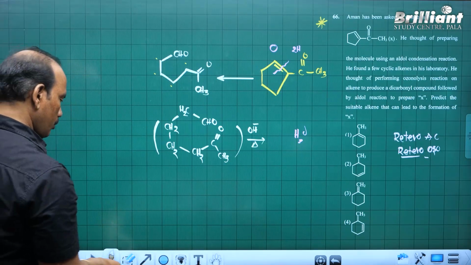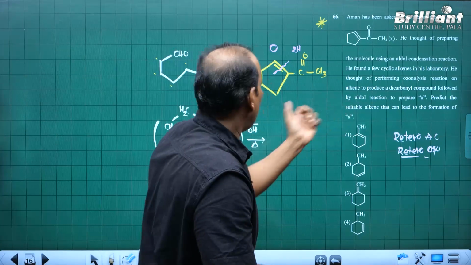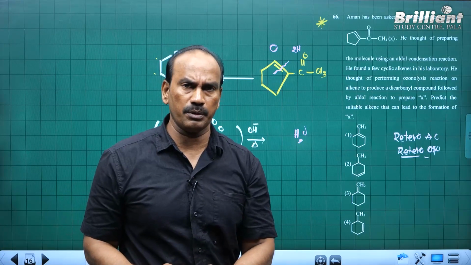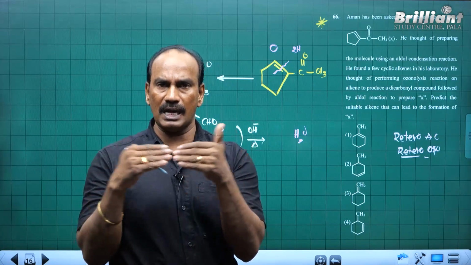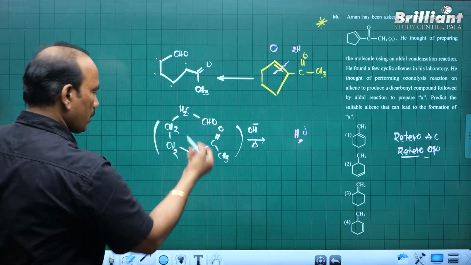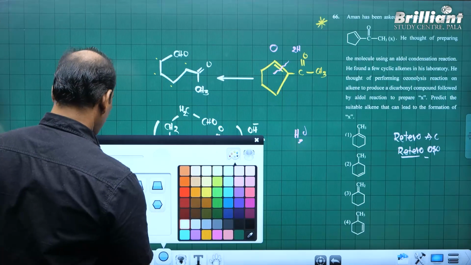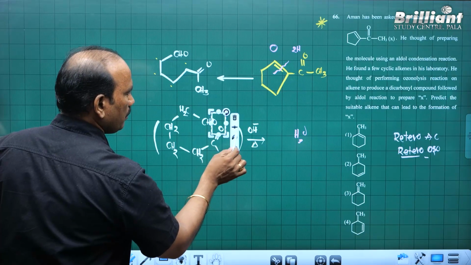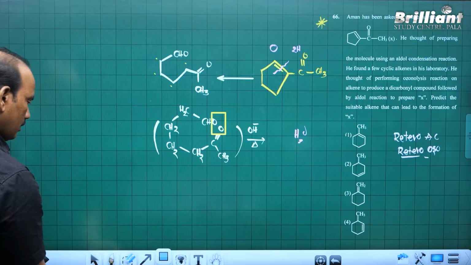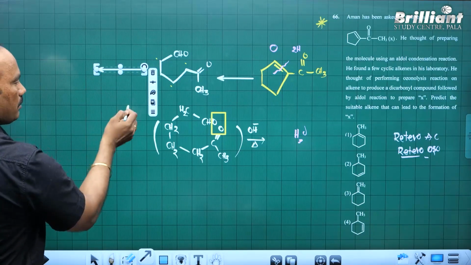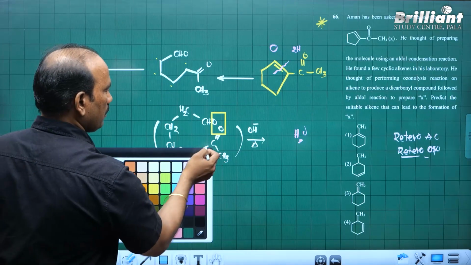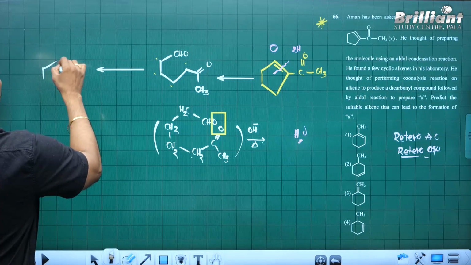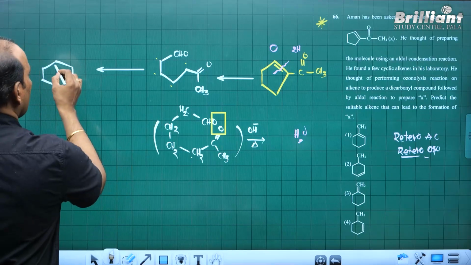Clear? Now this is formed due to ozonolysis. How to get the ozonolysis product? Where oxygens are there, to remove that oxygen, we add a double bond. So these two oxygens are removed. In that place, you get a double bond. You get a reactant. Then how many member ring? 1, 2, 3, 4, 5, 6 member ring. Here is a double bond.